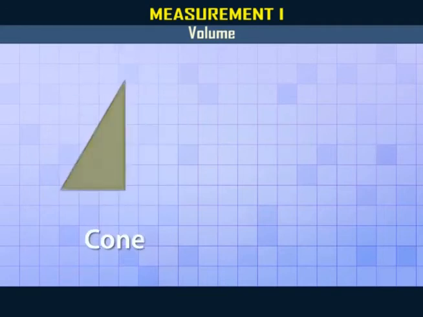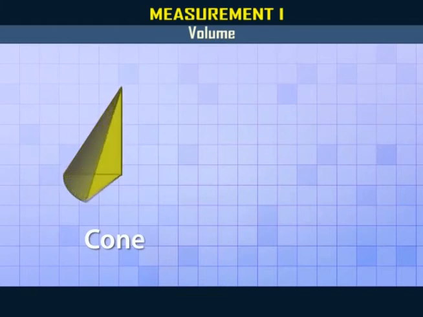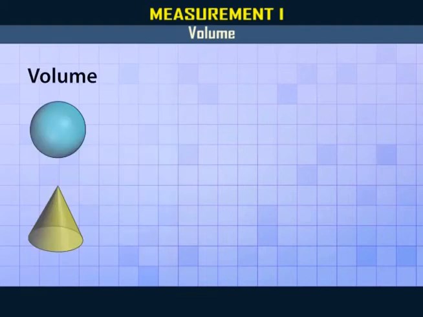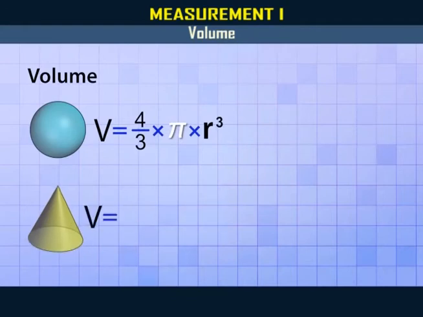A cone can be formed by rotating a right triangle around one of its two perpendicular edges. To find the volume of a sphere, we use the formula volume is equal to 4 over 3 times pi times radius cubed. To find the volume of a cone, we use the formula volume is equal to a third times height times pi times radius squared.